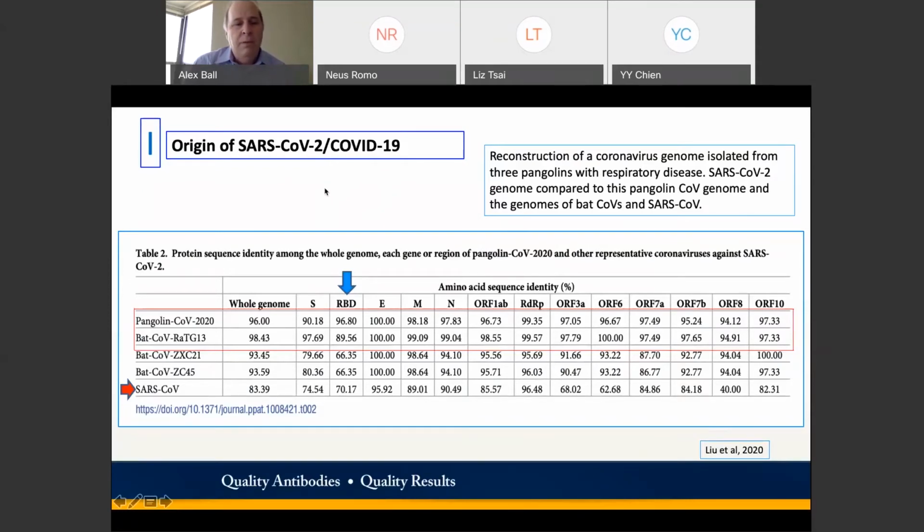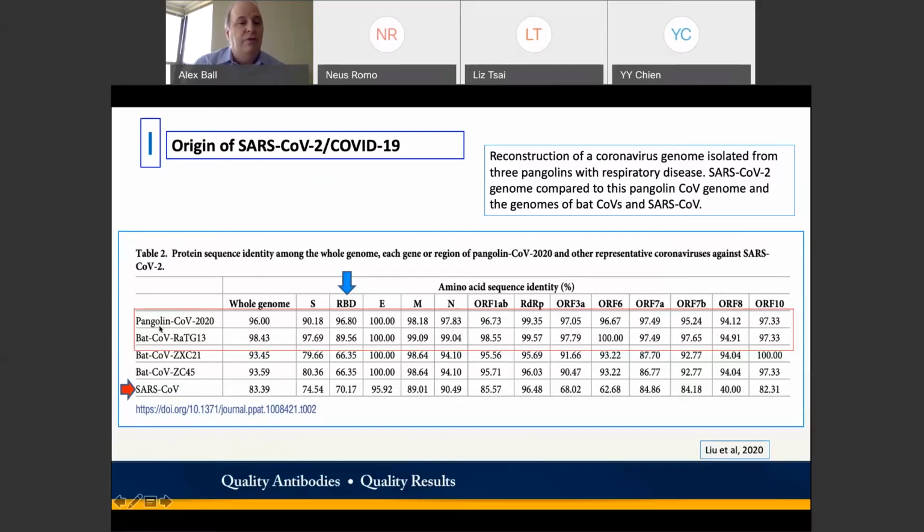But what seems to be the case, if you compare SARS-CoV-2 to a pangolin coronavirus sequence that was derived from 3 pangolins who were ill with a respiratory disease and ultimately died, and they compared that to the bat coronavirus that I just spoke about, RaTG13, as well as, indicated here at the red arrow, SARS-CoV.